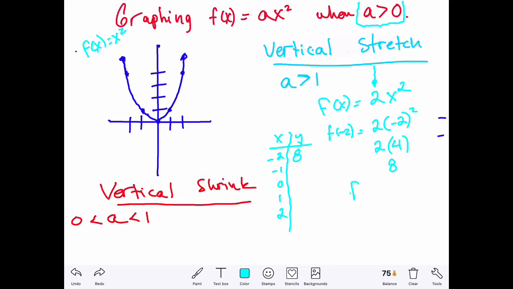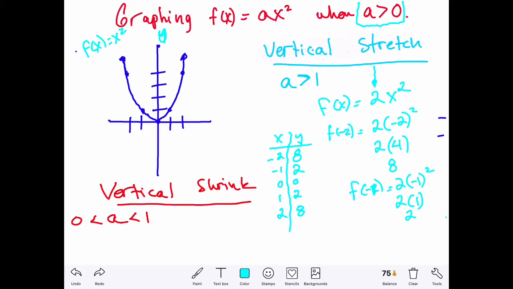Say I did f of negative 1, which is 2 times negative 1 squared. What's negative 1 squared? Positive 1, multiplied by the 2 out front, 2. And then at 0, I'm at 0. If I plugged in these other values, I should see that they take that shape, because we've got the symmetry about our axis of symmetry, which is the y-axis here.